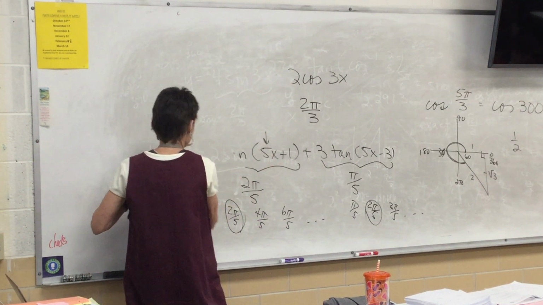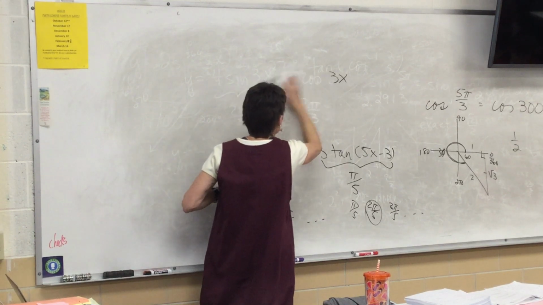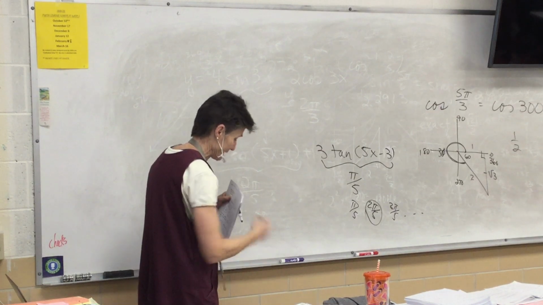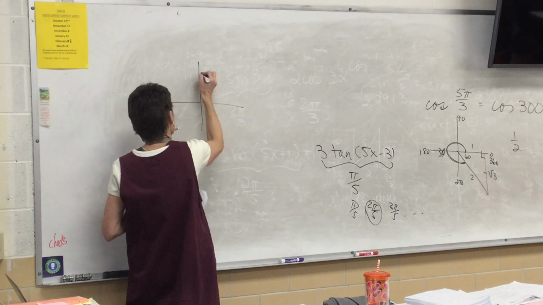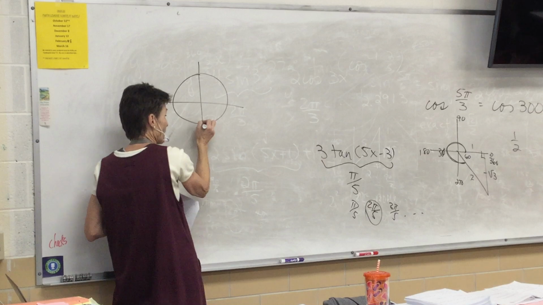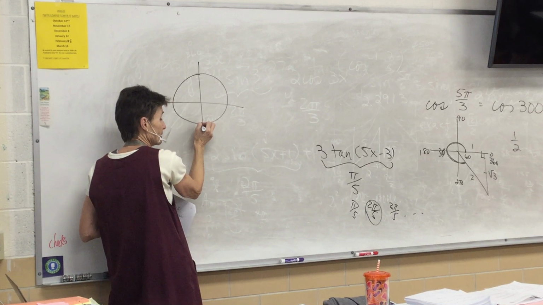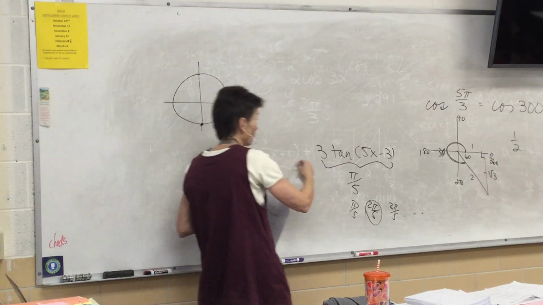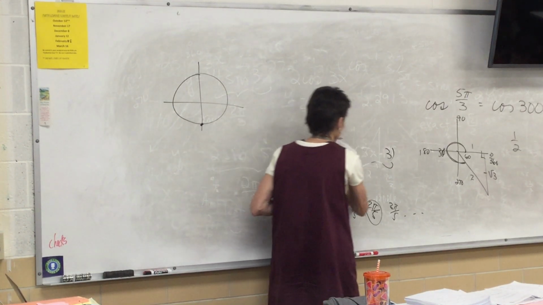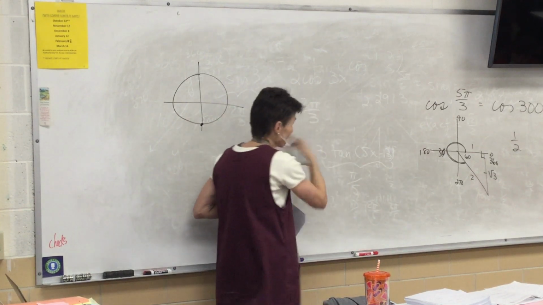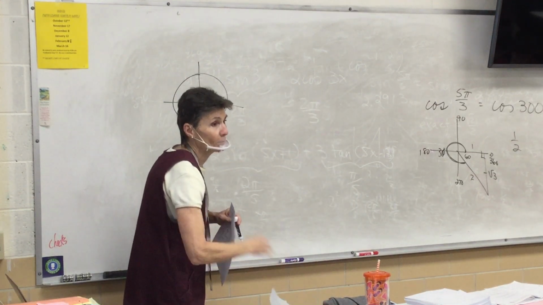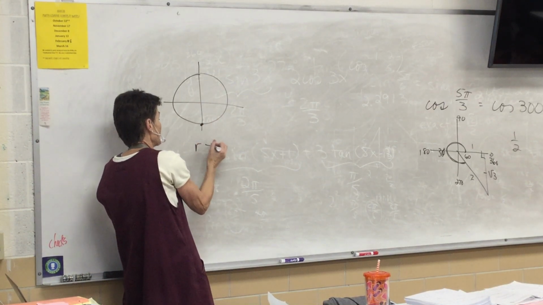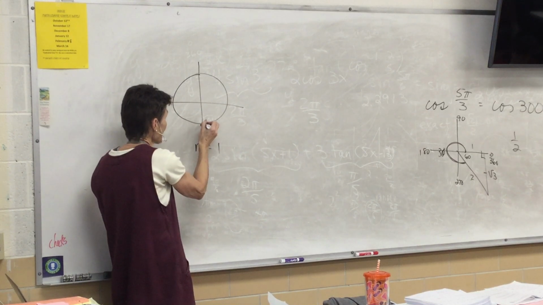Okay, next, tangent 270. Now, that's a little problematic because where's 270? On a line. And when they're on a line, and what she means is right here, this is 270. When the angle is on a line, we call it quadrantal, you cannot draw a triangle. So I can't do this problem like I did that problem. So what I have to remember is, okay, this circle has a radius of 1, so what does that make this point?